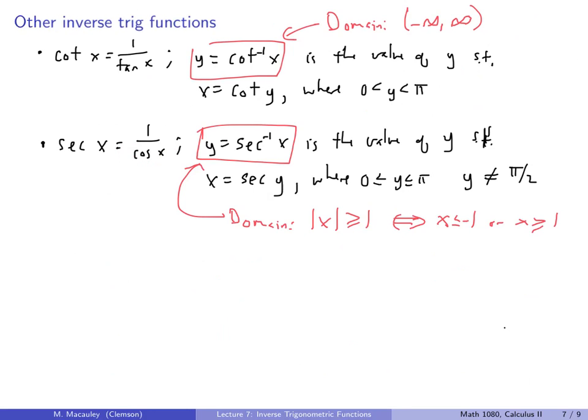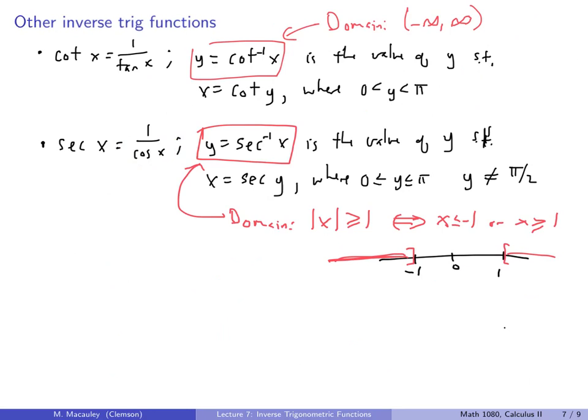On the number line, this is going to look like 0, -1, 1, and it's going to look like all these numbers. That's because we're doing 1 over cosine of x. This is 1 divided by some number that is at most 1, so we're always going to get a number that is at least 1 in absolute value.